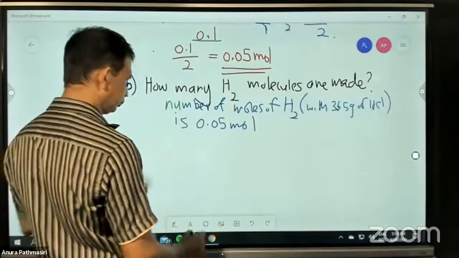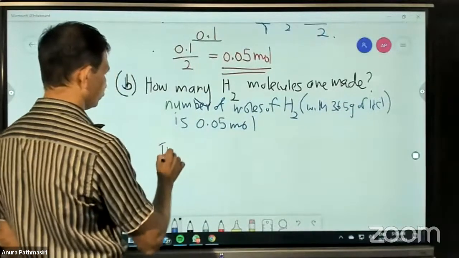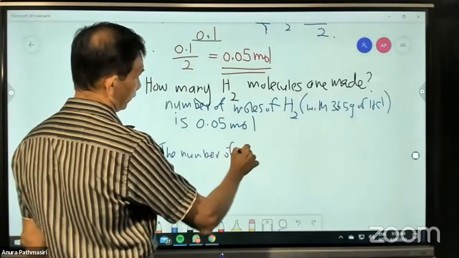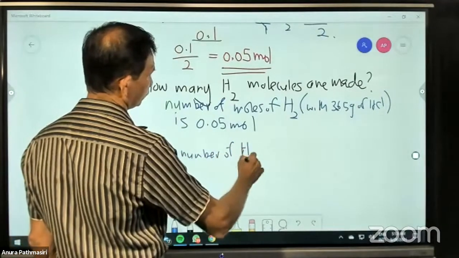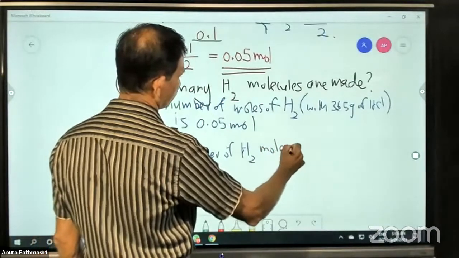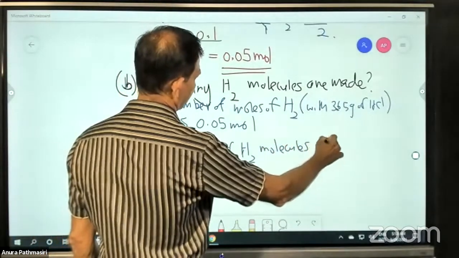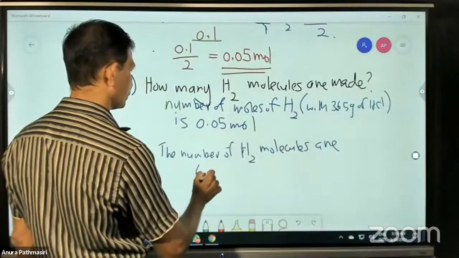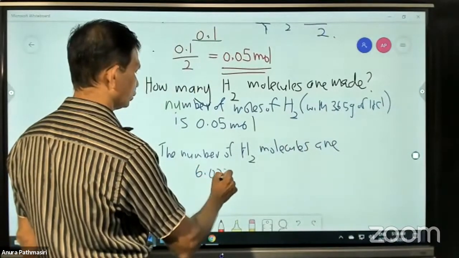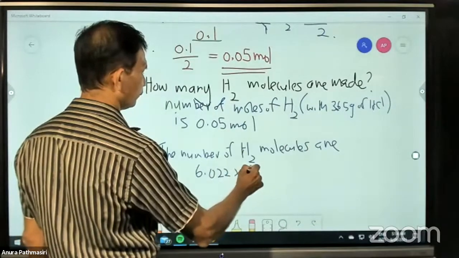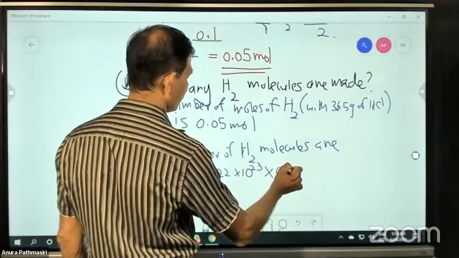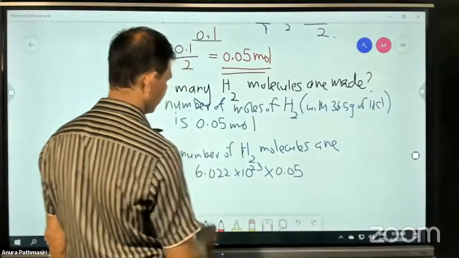Then the number of H2 molecules are 6.022 times 10 to the power 23 multiplied by 0.05.